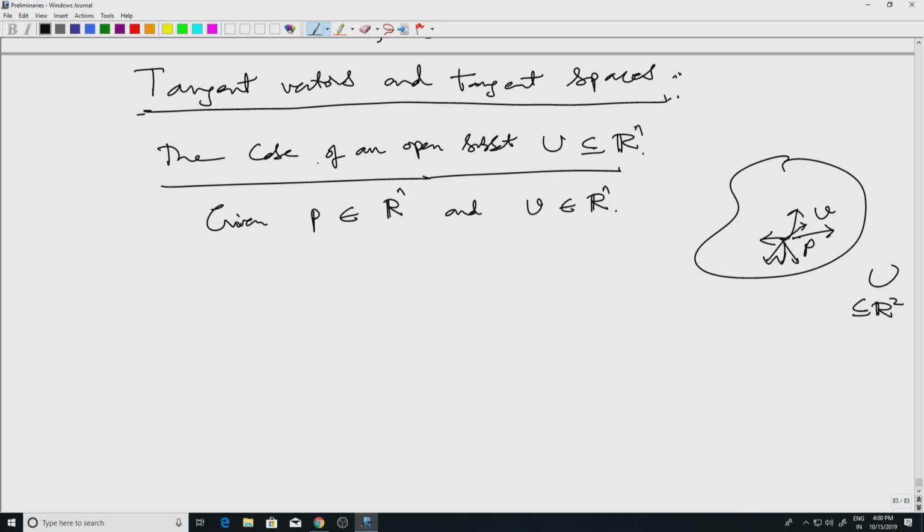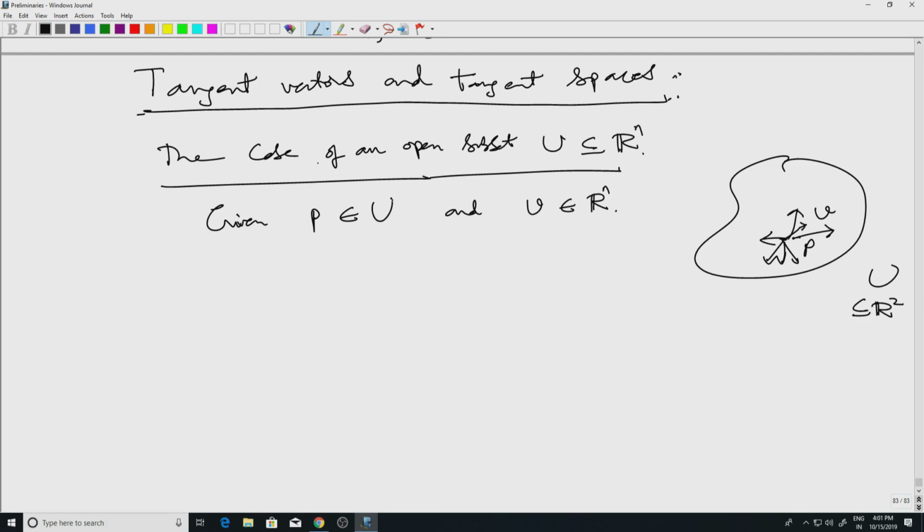However, this won't do when we talk about manifolds. So let's look at it from a different point of view. Let's start with P. Again, I'll just take U. Let's take a point P and a vector V in Rn.